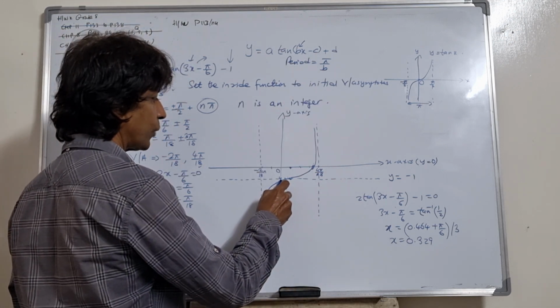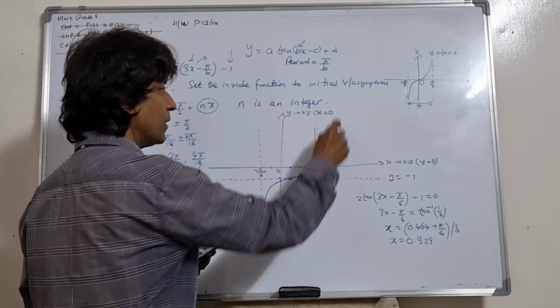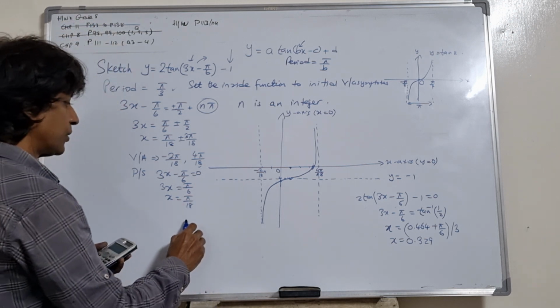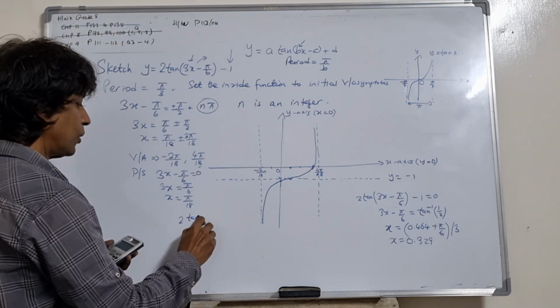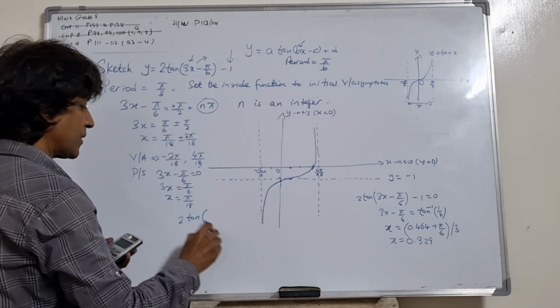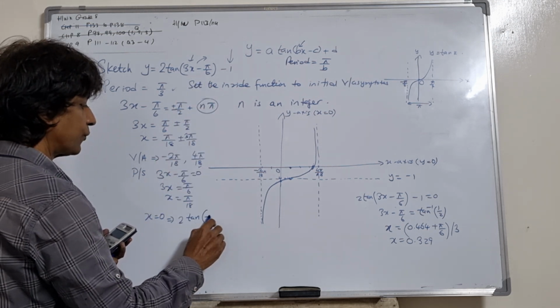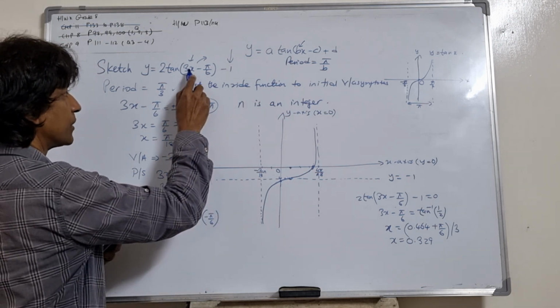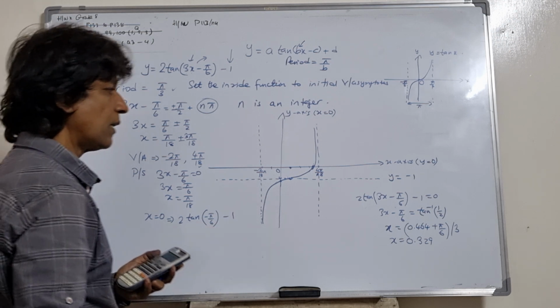We can also find out where it crosses the y-axis. The y-axis is the line x is equal to 0. So if you were to substitute x is equal to 0 into the equation, you're going to get 2 tan of 3 times 0, so that's when x is equal to 0. So we're going to get tan of negative pi upon 6, because 3 times 0 is 0, 0 minus pi upon 6, and then subtract the 1.